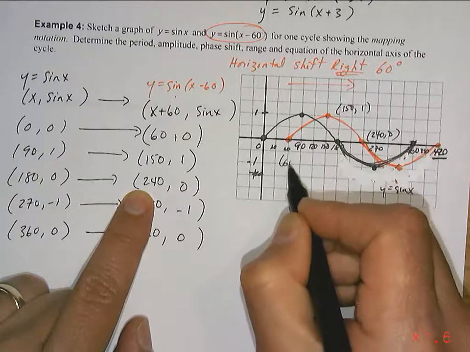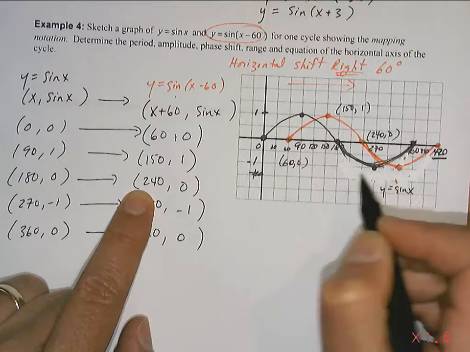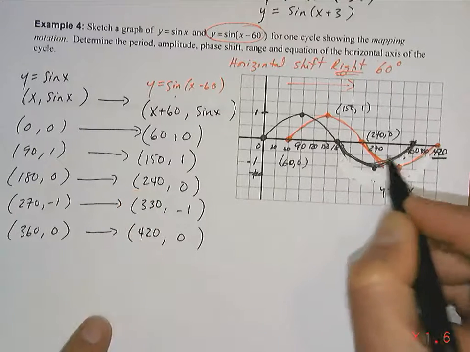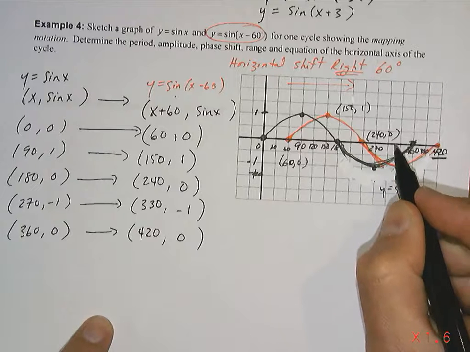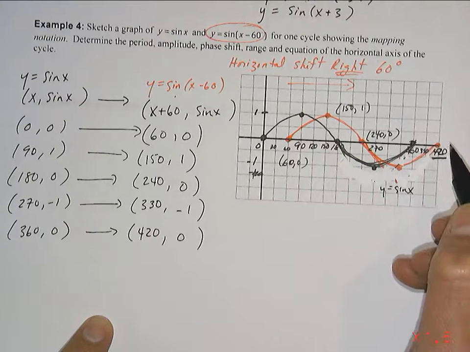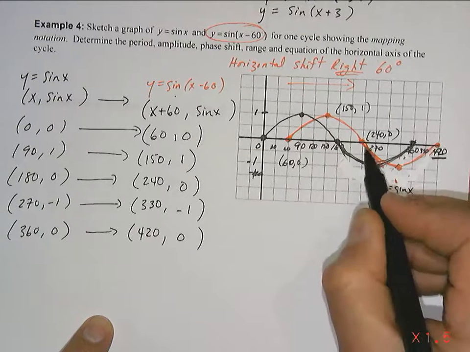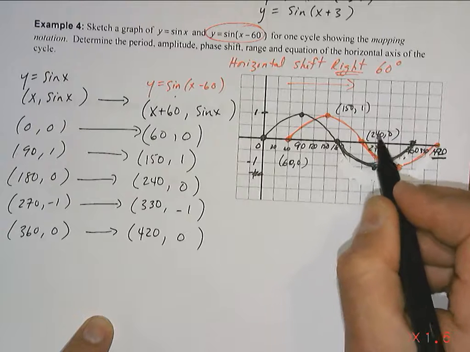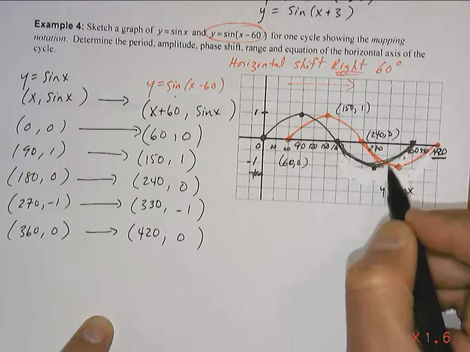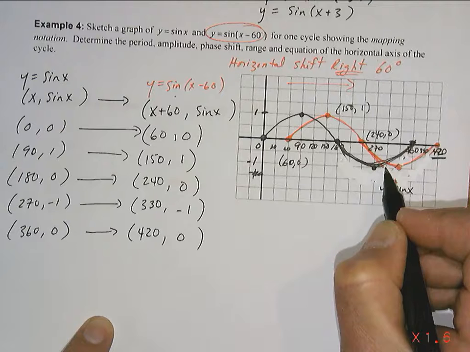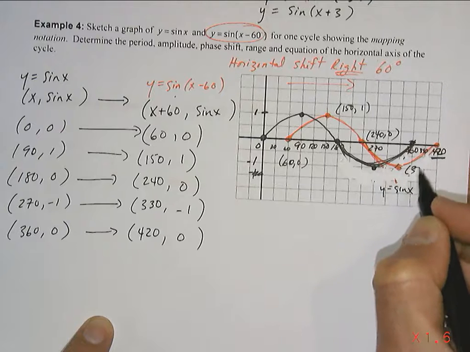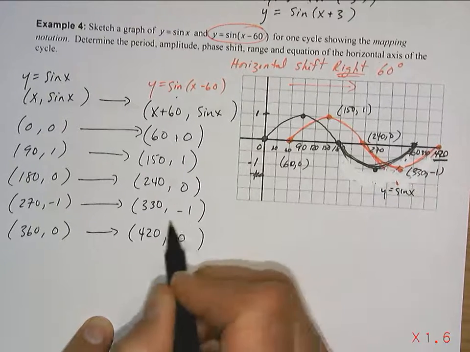This one over here was 60, 0. This one here, 270, 300. Hold on. This was 240. So this 270, 270 was here. Moved over 30 was 300. 330, -1. And there it is there.